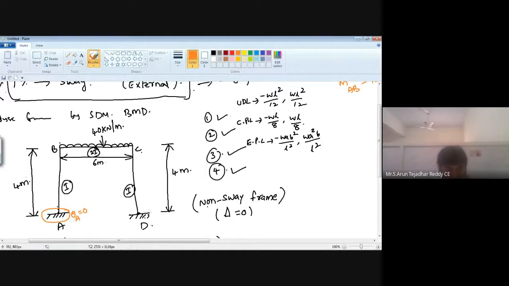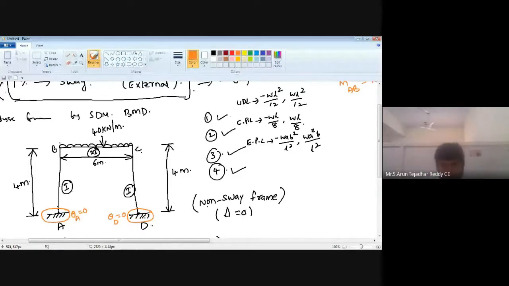Next, D is also a fixed support, so slope at D is equal to 0. The condition: if the end support is a fixed support, then the slope at that particular point is 0. Other than fixed support, we have hinge support and roller support, but in the hinge and roller supports the slope is not equal to 0. We have some slope value.